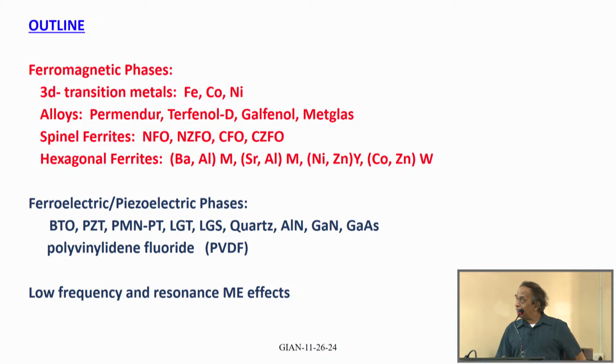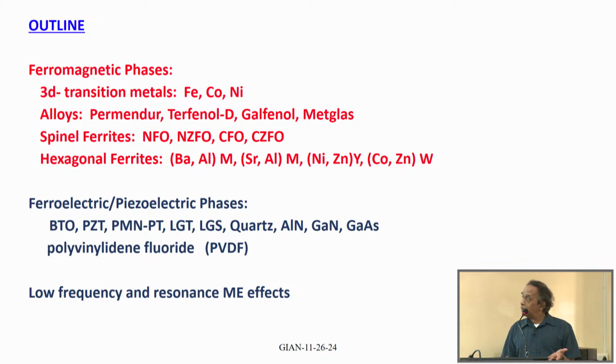So the systems I'm going to discuss can have either a ferroelectric phase or a pure piezoelectric. And you are already familiar with barium titanate, PZT, PMN-PT and PZN-PT. These are very popular ferroelectrics to use in the composites.